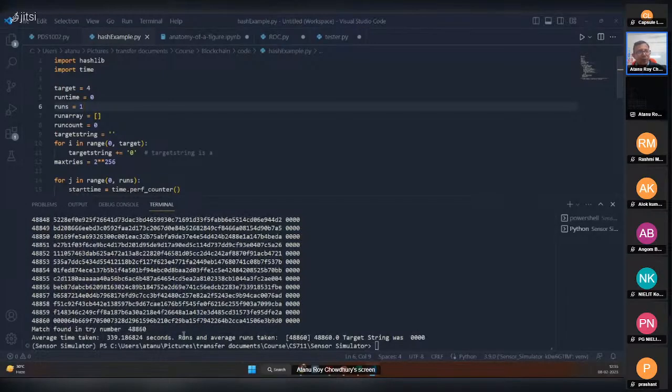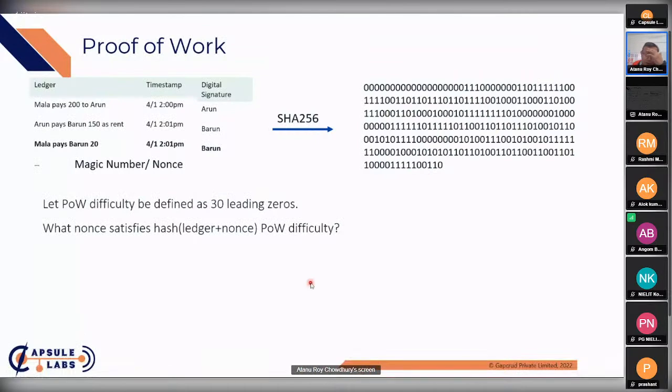So we went up from about 10 seconds to about 339 seconds, right? And from about 1,700 odd searches to almost 50,000 searches. That's where the brilliance of blockchain really comes in, right?